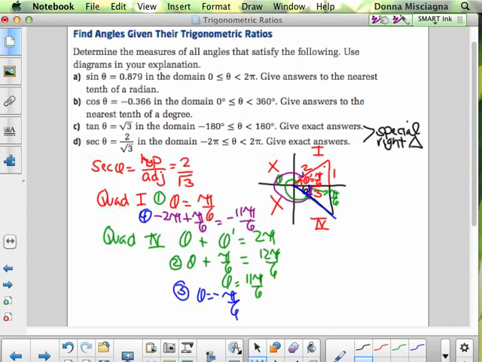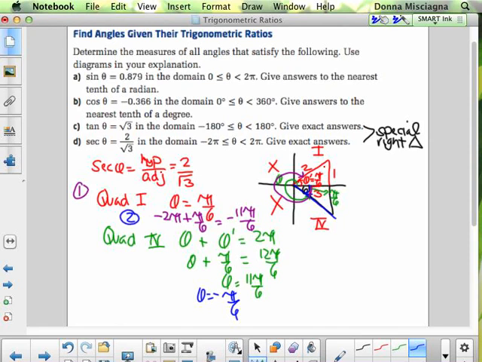So we have four answers, and notice they are the same, except two of them are positive and two of them are negative. So this is answer 1, 2, 3, and 4. Answer number 1 in the first quadrant is pi over 6.